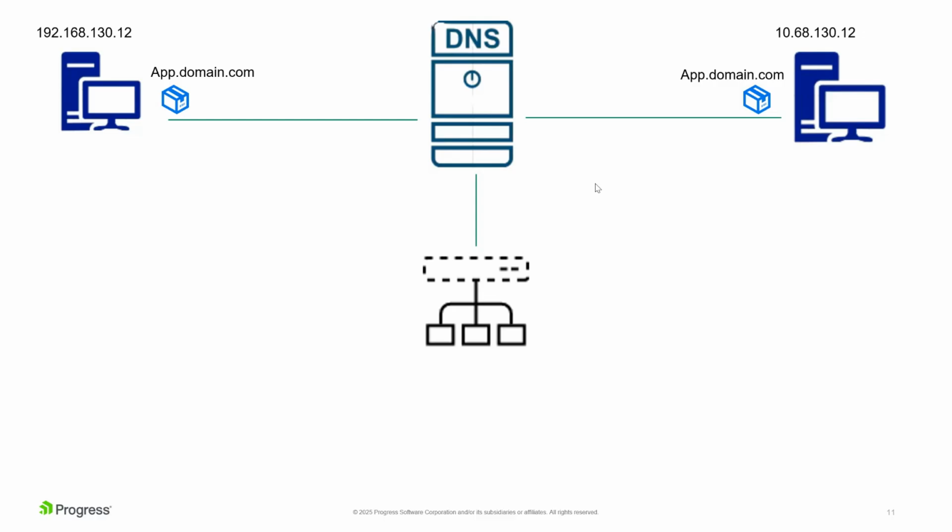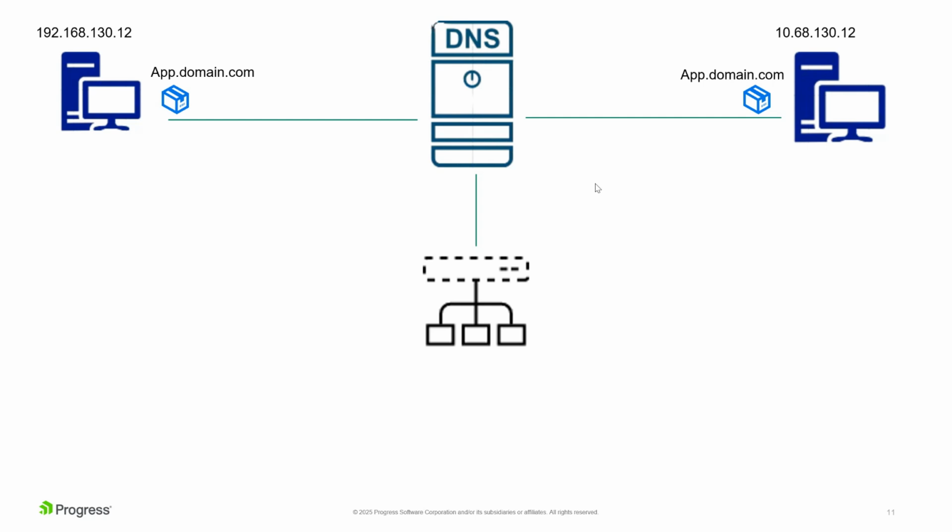Now, one of the things that we should mention is that in the previous example, the DNS server was the authoritative responder for that FQDN, that domain, meaning that the DNS server had the A records in its table that it could respond with. Now, when we are utilizing GSLB, we have essentially made the DNS server a non-authoritative responder.